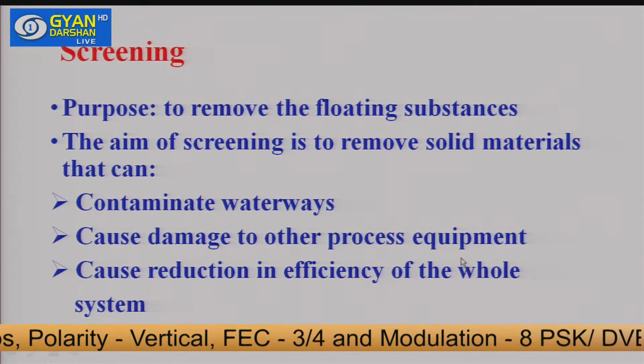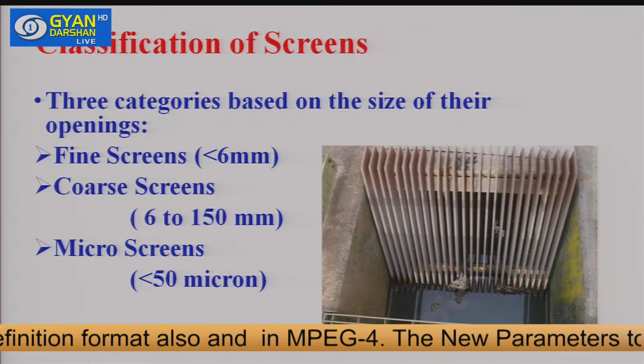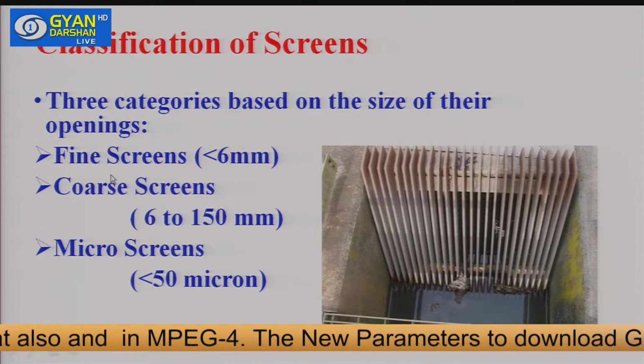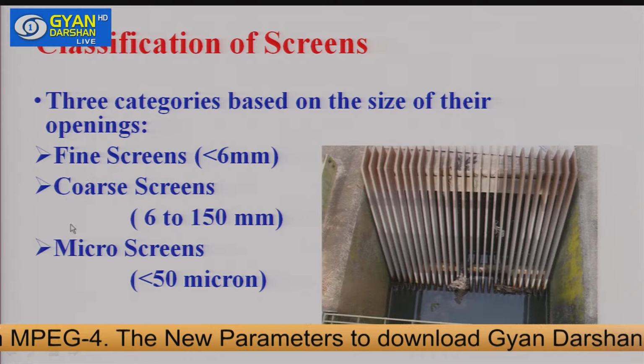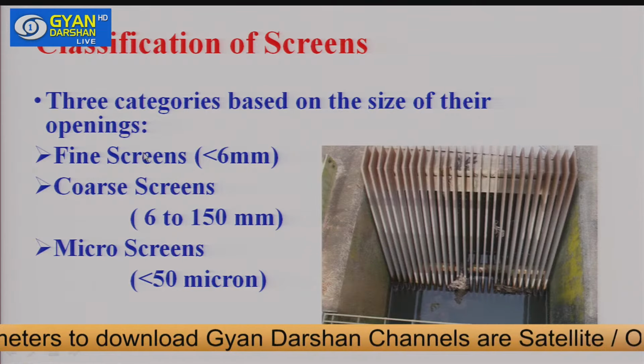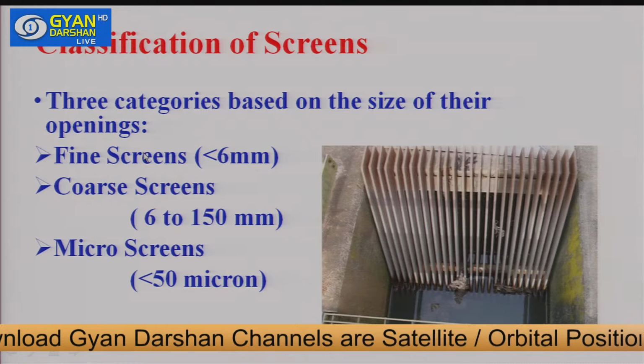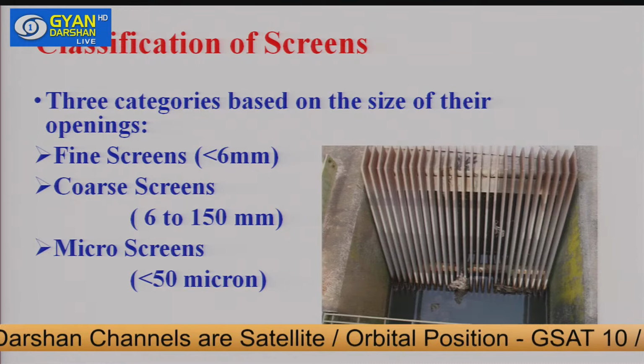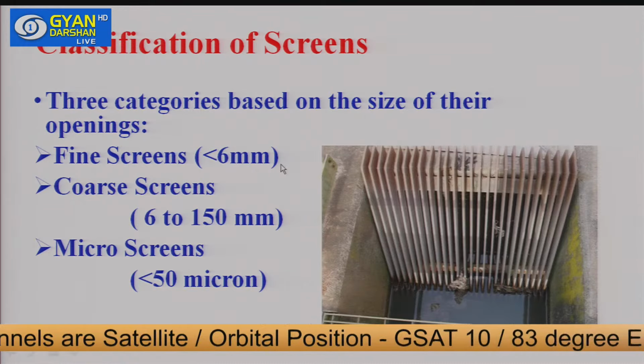And the third type is micro screens, which have openings less than 50 microns. So these three types of screens are used. Generally for floating objects, coarse screens are placed first. After that, we can place fine screens for removing solid particles up to the size of 6 mm.